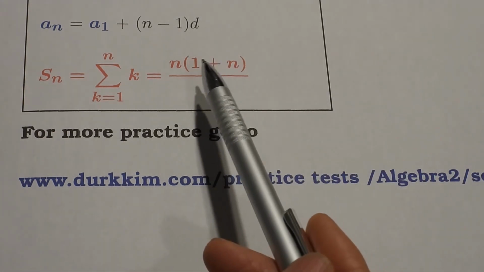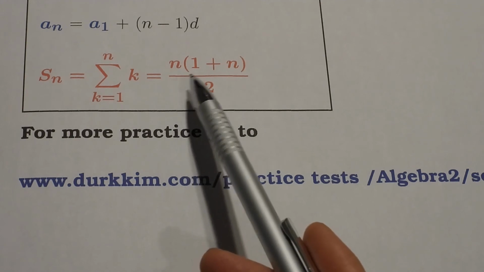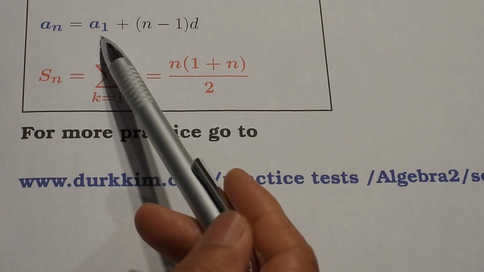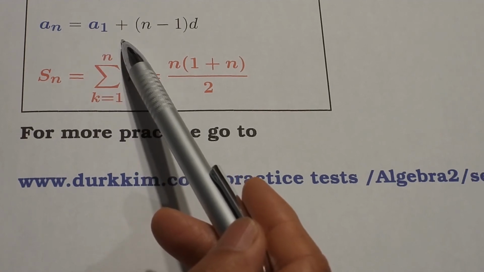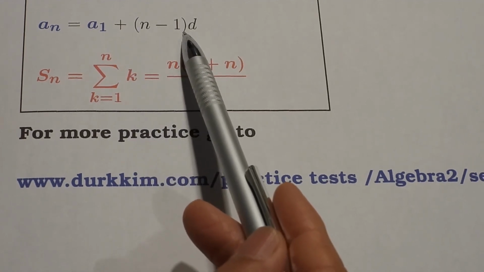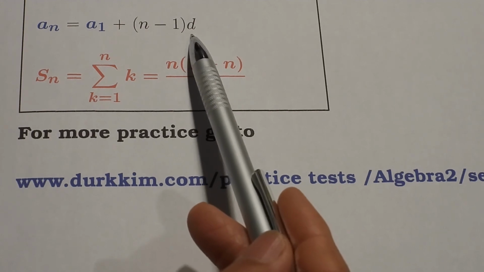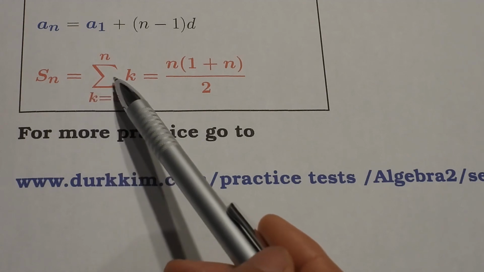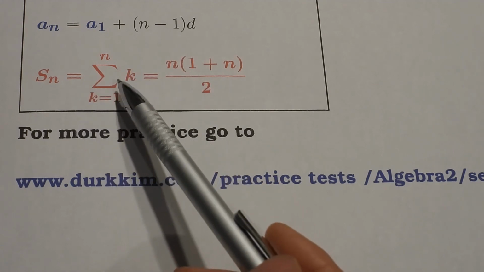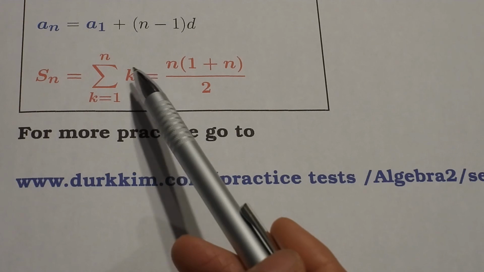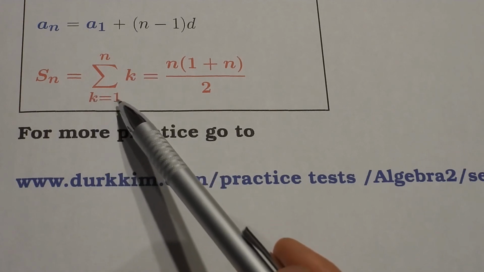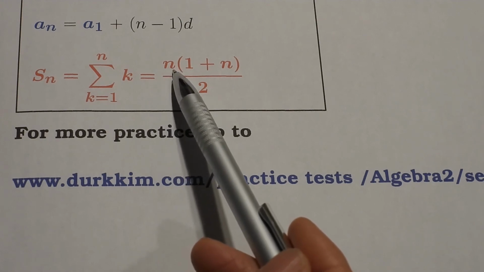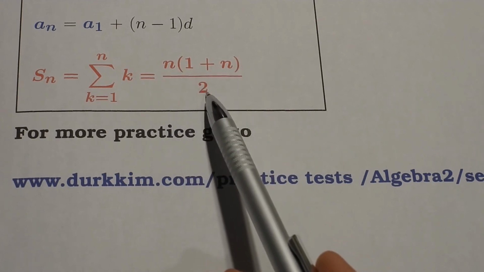Okay, we simply studied the 2 basic things. The nth term we get by the first value plus n minus 1 times the common difference. Now, when you have natural numbers, the sum of k as the value of k goes from 1 through n, the formula was n times 1 plus n divided by 2.